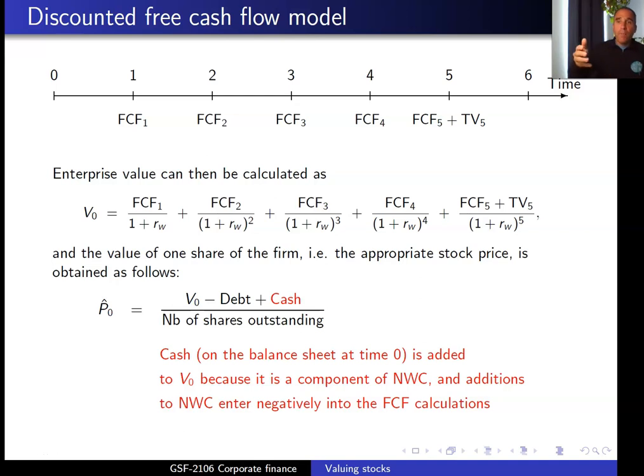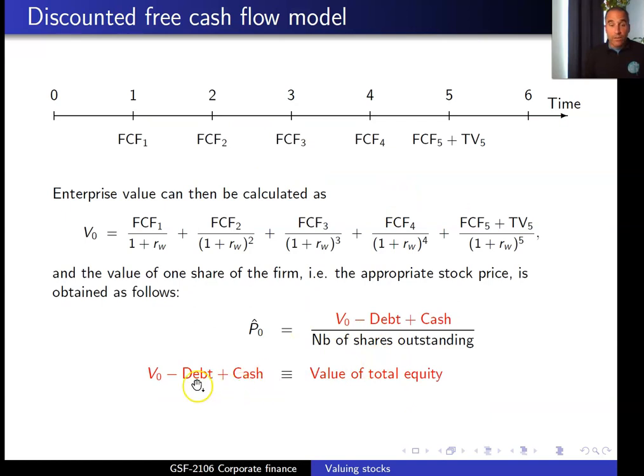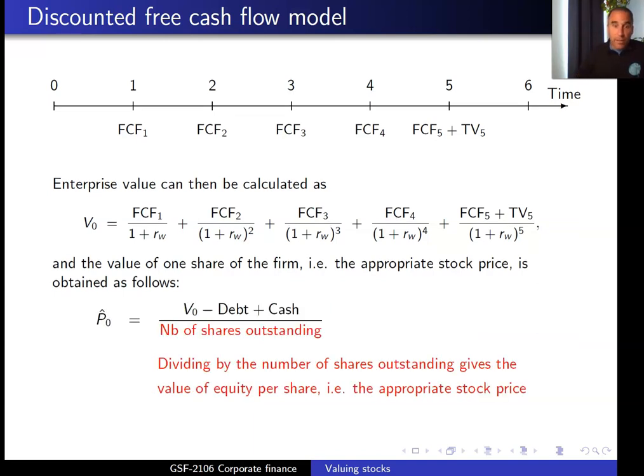But if we acquire a company and there's cash in the company, it's like we're paying for cash, or not paying. So we add cash back. So V minus debt plus cash gives us the correct value of total equity. If we divide the correct value of total equity by the number of shares outstanding, that gives us the correct stock price for this company.